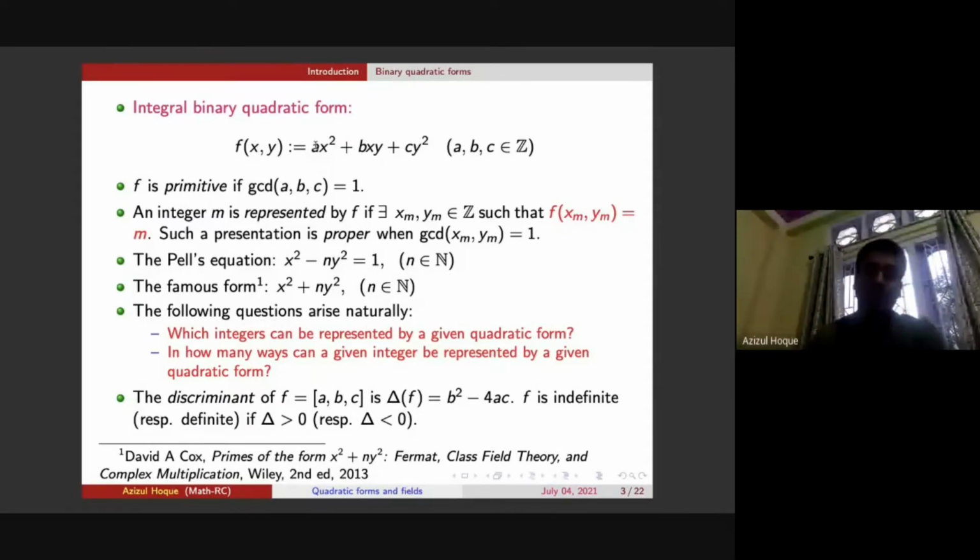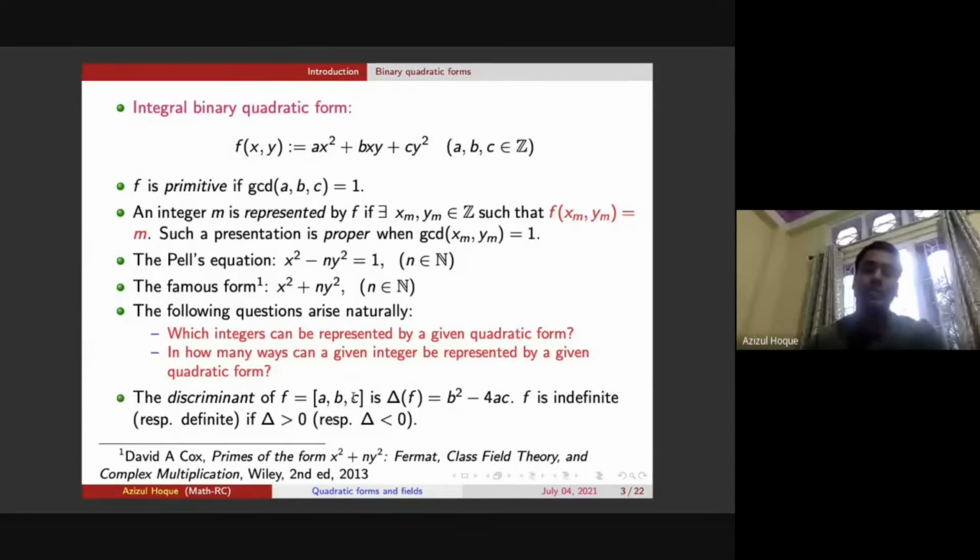Definite means this form represents only positive integers or only negative integers, and in that case the discriminant is negative. So if the discriminant is negative, then it is either positive definite or negative definite.